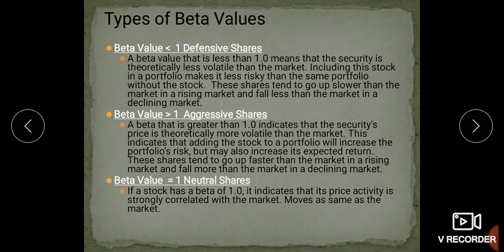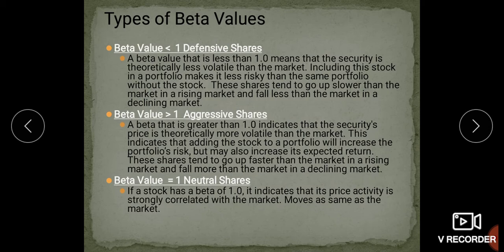That means if your market is declining, the average market will decline, and the share which has a beta value greater than 1 will fall more than the market.